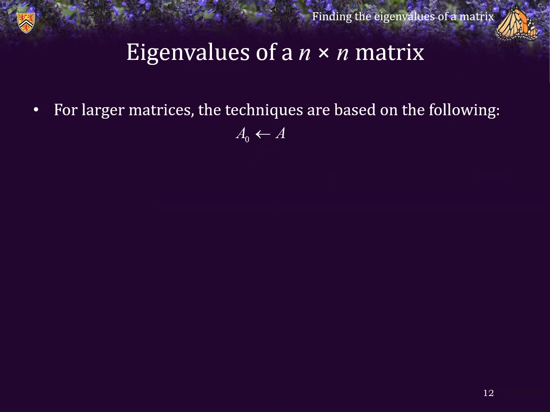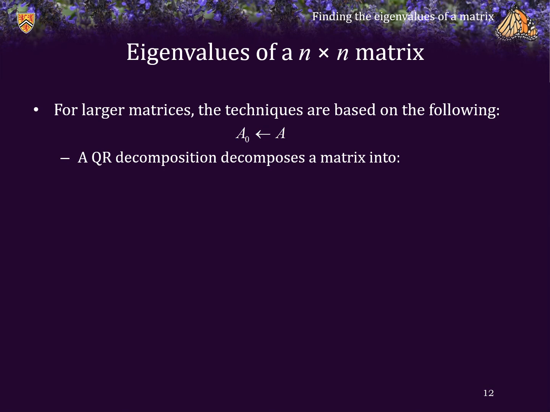Now, to find the eigenvalues of a larger matrix, the techniques are essentially based on this routine or algorithm. If we want to find the eigenvalues of a matrix A, we initialize A naught with that matrix. Now, we haven't covered a QR decomposition.